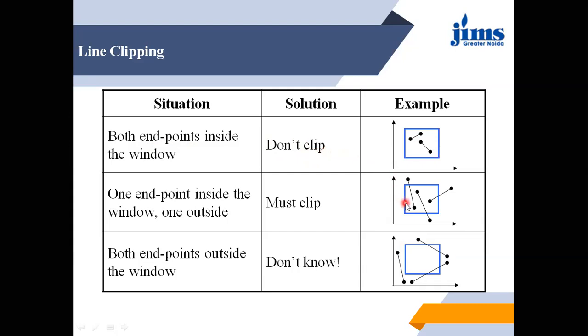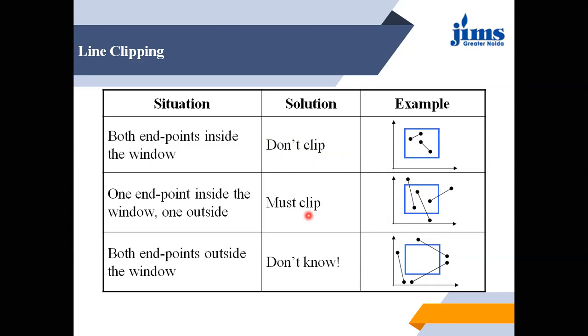In the second case, when one point of the line is inside the window and the second point is outside the window, we may have to clip or we may not have to clip.